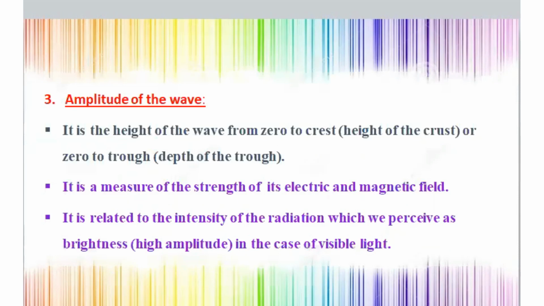Amplitude of the wave is the height of the wave from 0 to crest, or 0 to trough. It is a measure of the strength of the electric and magnetic field. It is related to the intensity of the radiation, which we perceive as brightness.